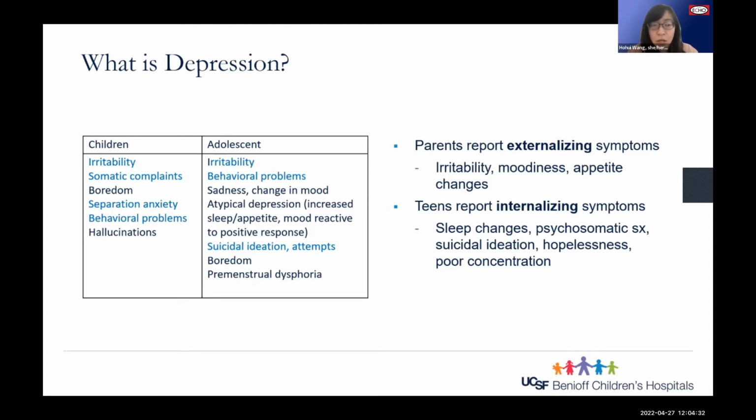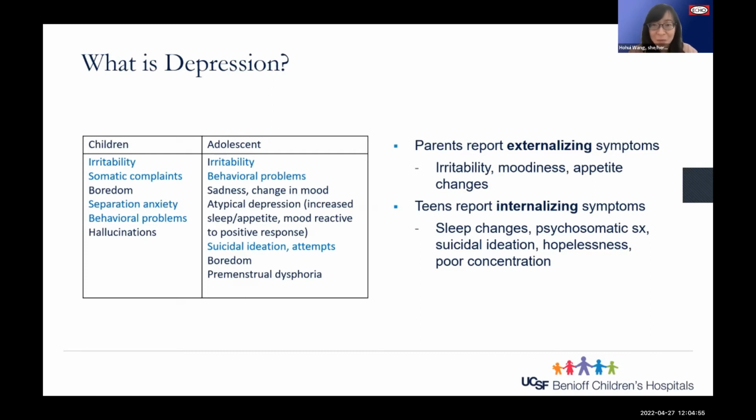When we approach patients' depression symptoms, it's always helpful to ask the parents and the teens or children separately, because parents tend to report externalizing symptoms. It's hard for them to know what their kids really feel internally. So usually parents would say things like they're really angry, they throw a lot of tantrums, they always seem unhappy.